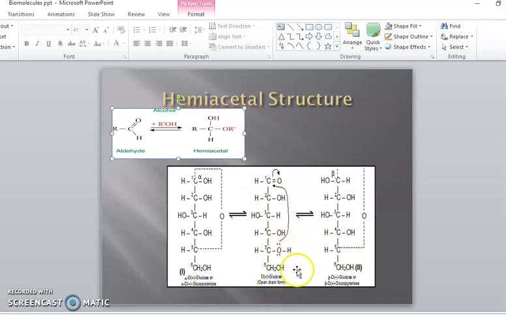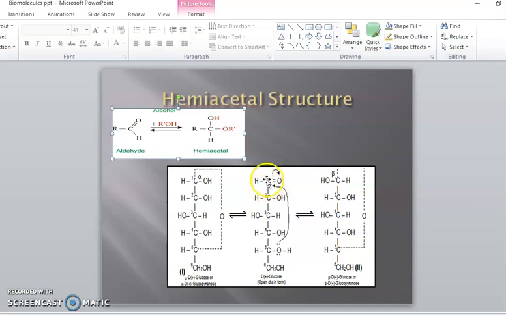Look at your glucose. This is glucose, numbered 1, 2, 3, 4, 5. Now we will draw the hemiacetal structure of glucose and see how it is possible. Easy: from the 5th carbon, this OH is added to the first carbon. Subsequently, the C double bond O is shifted to oxygen.